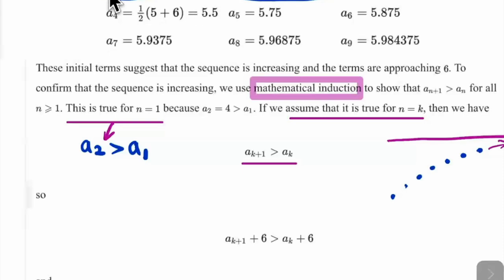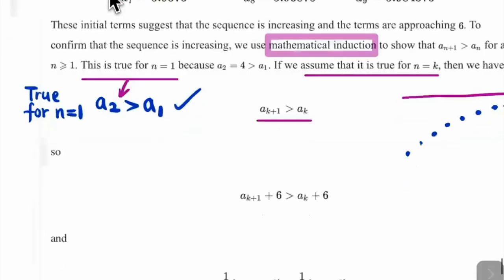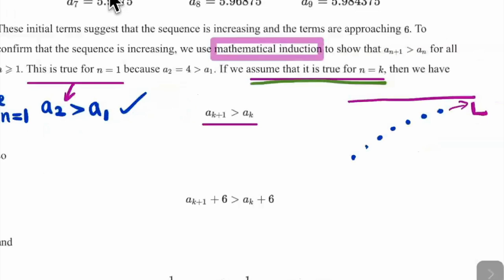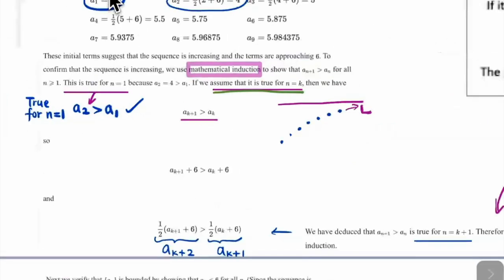So that's true for the first step. The next thing you will do is assume that it is true for n equal to k. Then we try to show that it's true for n equal to k plus 1.